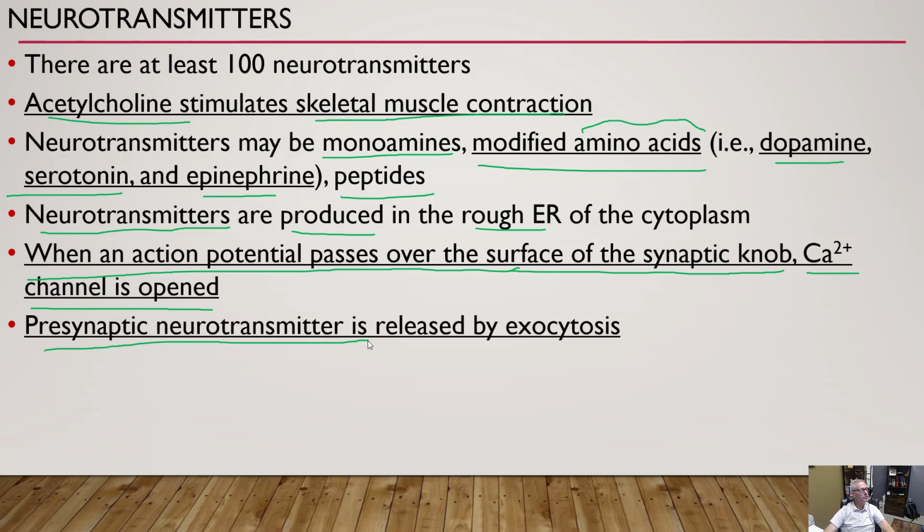So presynaptic neurotransmitters are released by exocytosis. I've mentioned that several times now. Exocytosis is an active process. It requires ATP.